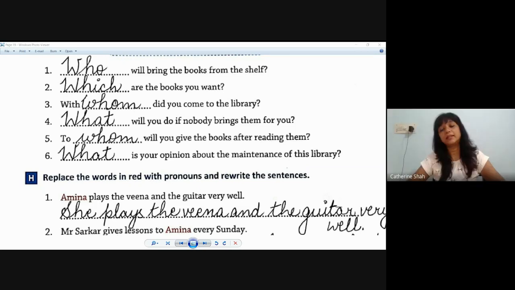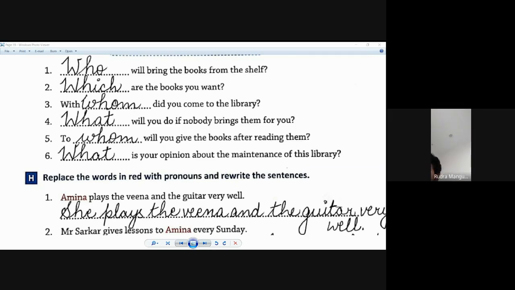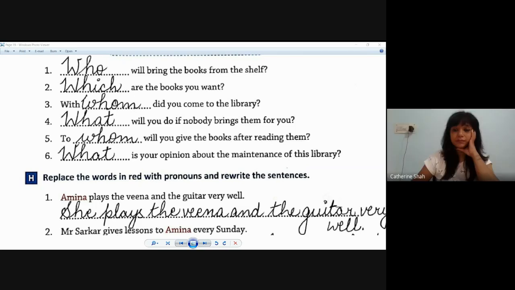Rudra Magokia, second. Mr. Sarkar gives lesson to dash. All of you are going to get a 0 in attentiveness this time in the report card. Wait and watch. F grade.